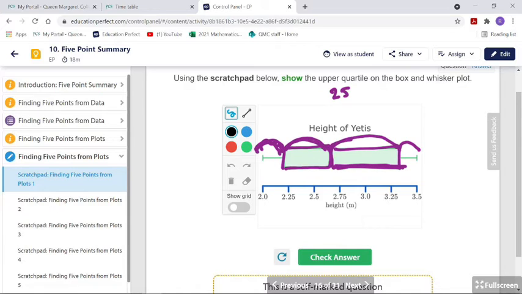Each one of these is dividing it in half because the median divides the number of data sets in half, doesn't it? So when you're thinking about these, each one of these is 1/4 of the data because there are 4 sections, yes? And 1/4 is the same as saying 25%.